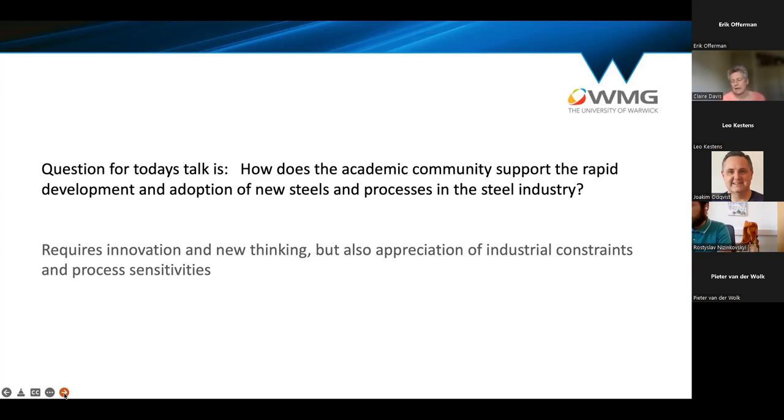And clearly this requires innovation and thinking, and we should not be constrained by current capabilities in that innovation and thinking. But sometimes, if we want to ensure that we have more rapid adoption, it's appreciating some of the industrial constraints and process sensitivities so that we can develop some of the new steels and ideally see them adopted and being used.